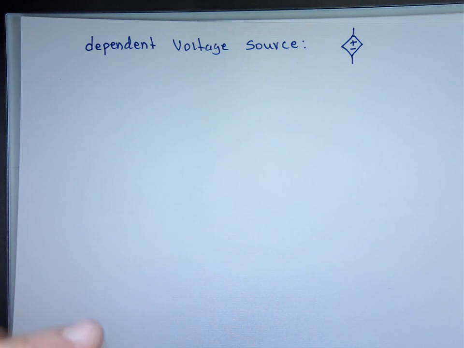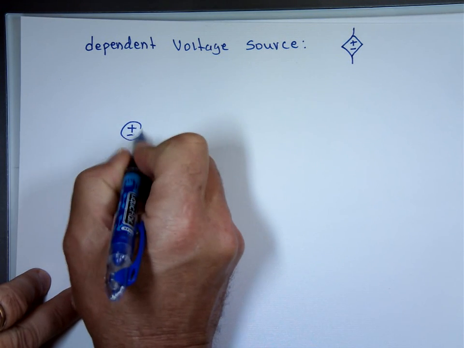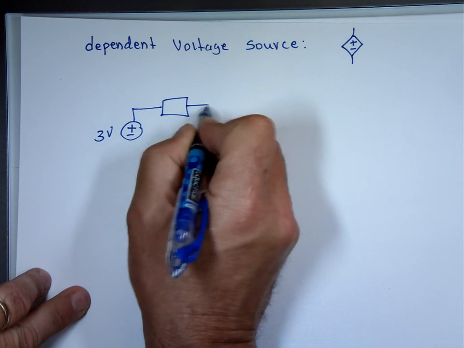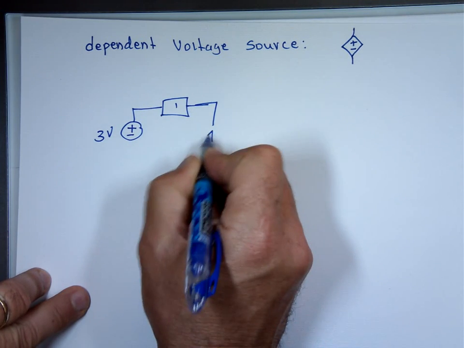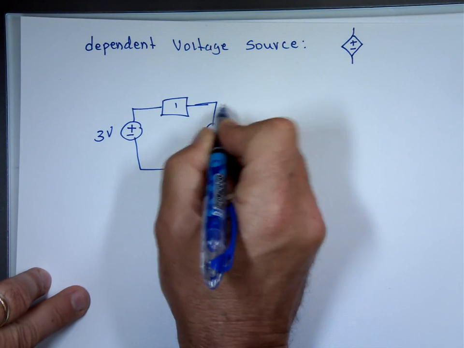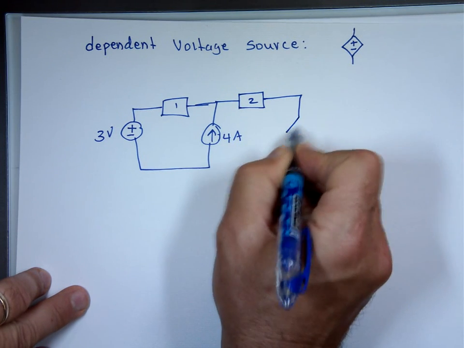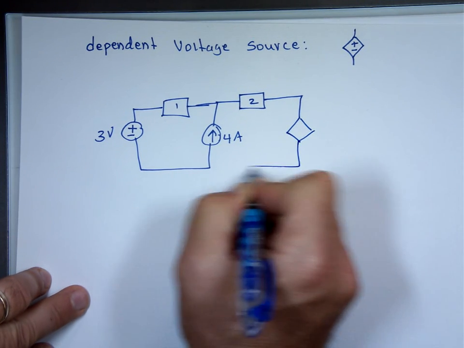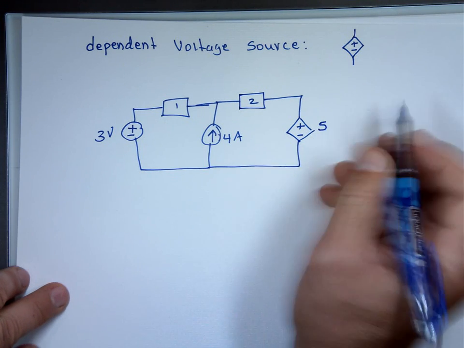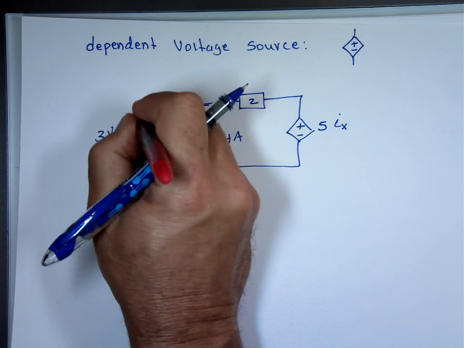So I could have a circuit that looks like this. 3 volts going through an element here. Maybe a current source here, 4 amps. Another element here. And a voltage source right there. And I can say this voltage is 5 times, I don't know, I sub x. And I can define I sub x as this current going in.